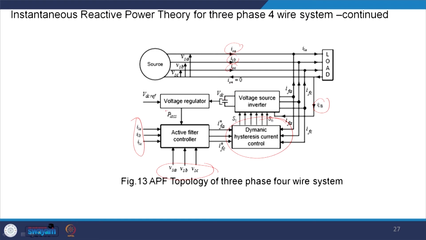From there you get the component of the P loss that will maintain the DC link voltage, and this will add up. Essentially, with all this calculation shown, you get IfA star, IfB star and IfC star, and you can have a hysteresis or PI controller to compensate this current. This is the way the instantaneous reactive power theory proposed by Akagi will work.